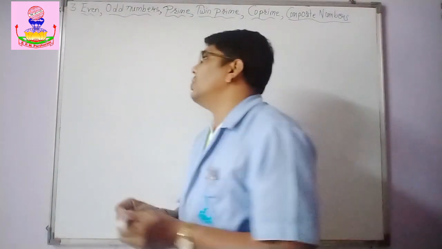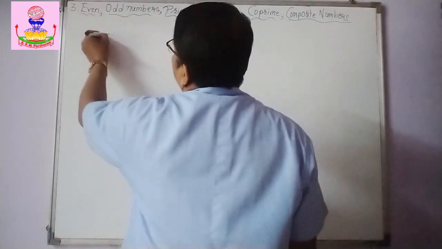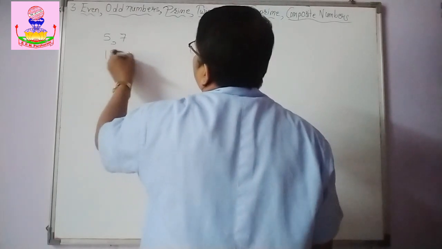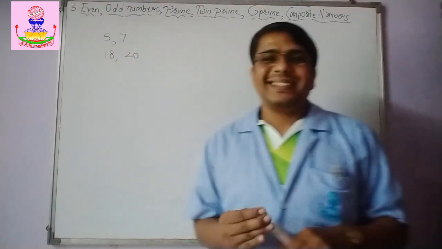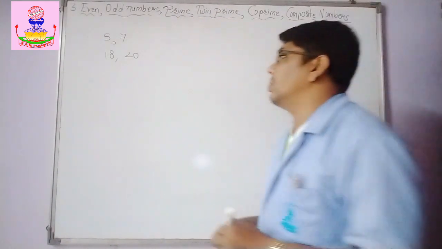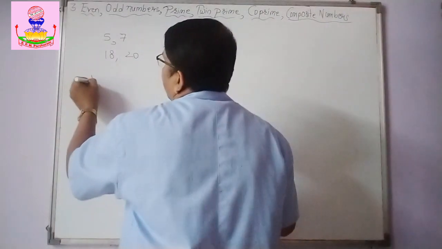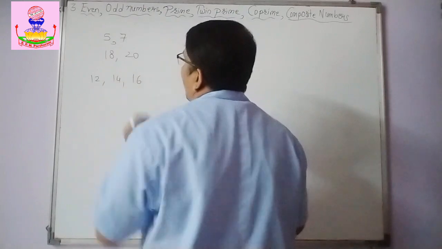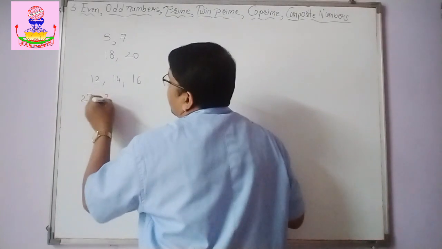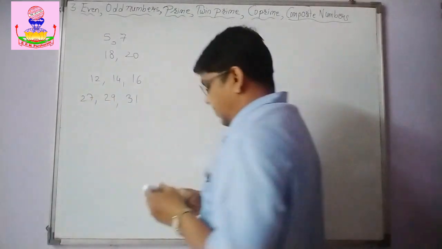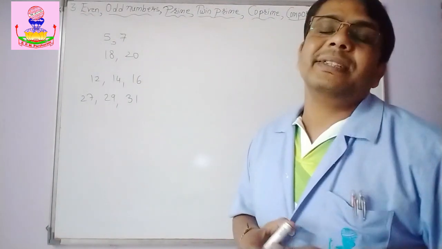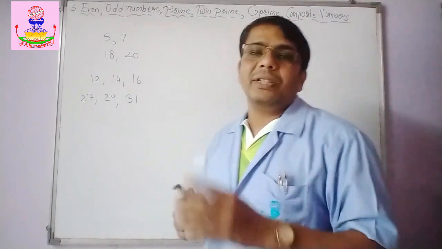Now, we know that the difference between any two consecutive odd numbers or any two consecutive even numbers is always 2. But if there are 3 consecutive even numbers, for example 12, 14, 16, or 3 consecutive odd numbers, for example 27, 29, 31, then the difference between the smallest and the greatest number is always 4.